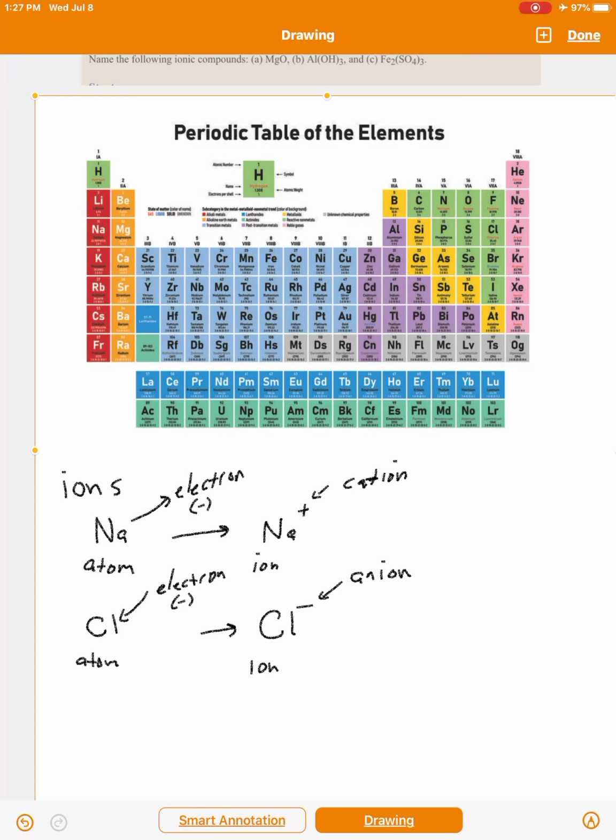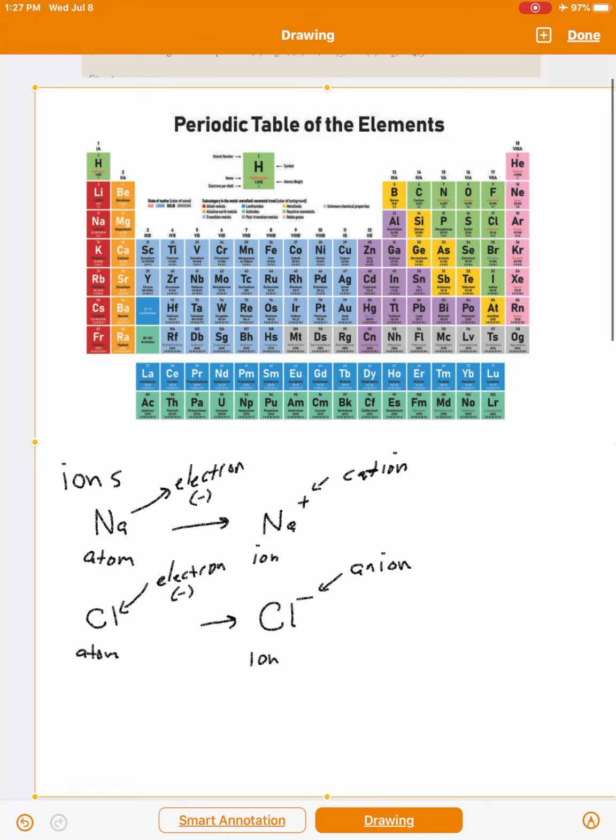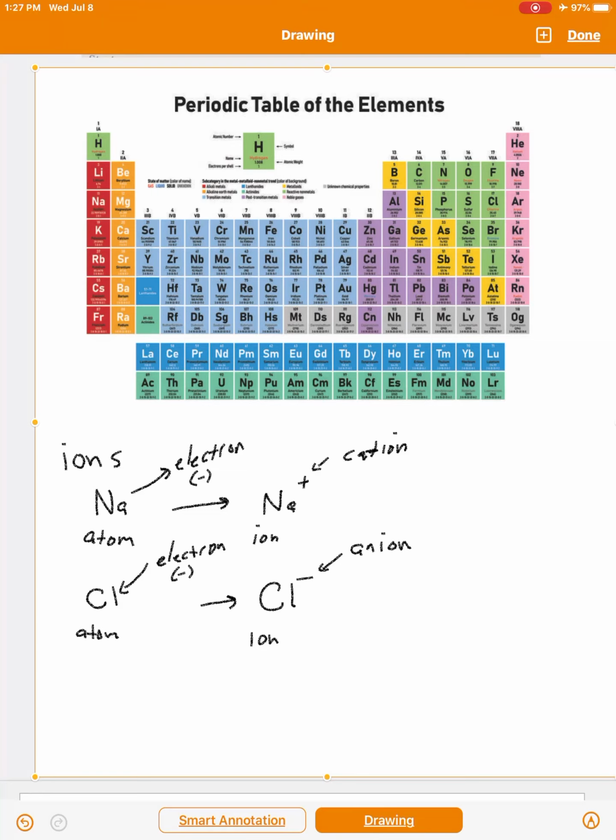So cations are positively charged ions. Anions are negatively charged ions. Okay? In general, metals form cations and nonmetals form anions.